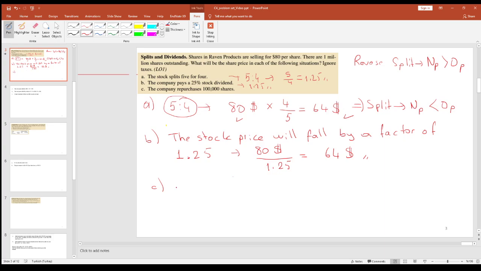In this case, we shouldn't forget that a share repurchase will have no effect on price per share.